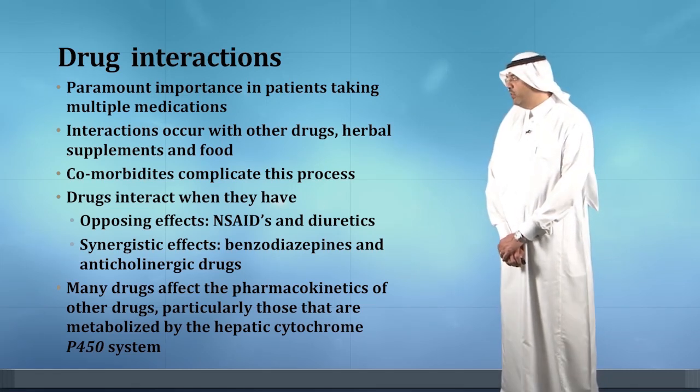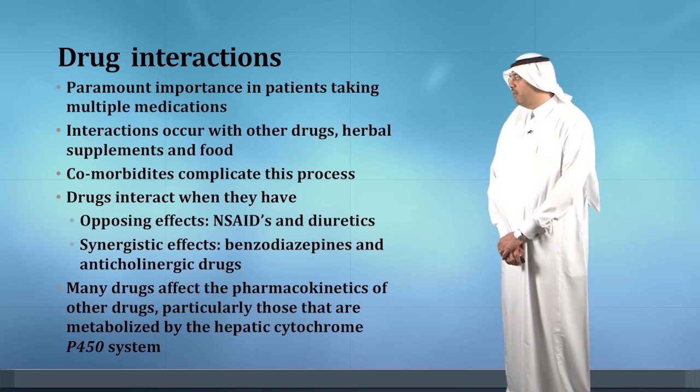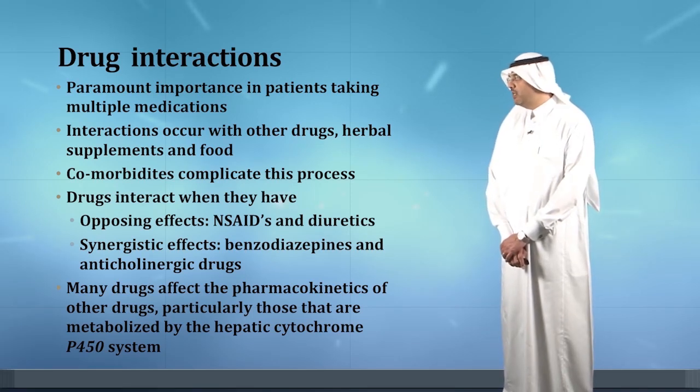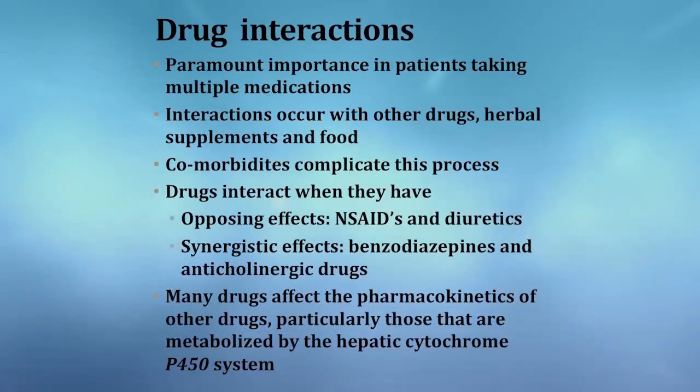The association with comorbidity complicates this process, and usually drugs interact when they have opposing effects, such as non-steroidal anti-inflammatory drugs and diuretics, or if they have synergistic effects, such as benzodiazepines and anticholinergic medications. Many drugs affect the pharmacokinetics of other drugs, particularly those which are metabolized by the hepatic cytochrome P450 system.